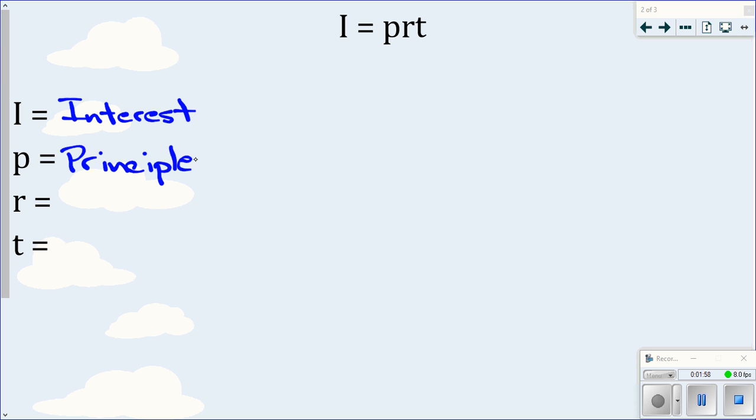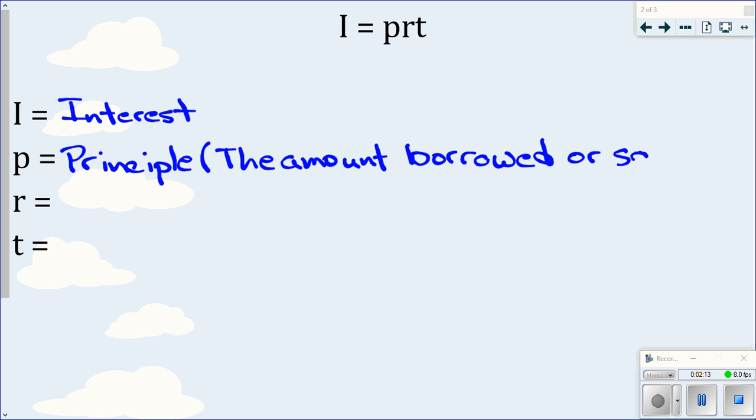Principal is the amount borrowed, so how much you borrowed from the bank, or the amount saved. So if I put $100 in my savings account in the bank, I have $100 in principal. If I borrow $100 from the bank, that's $100 in principal. So it's the amount you borrow or the amount that you save.